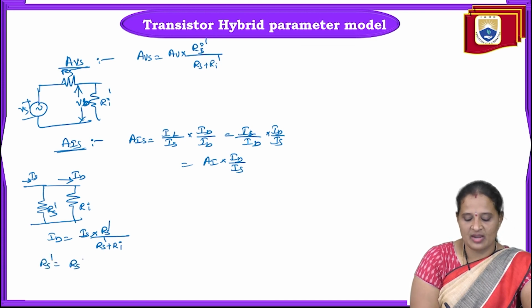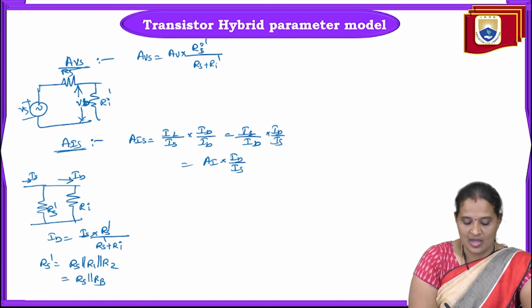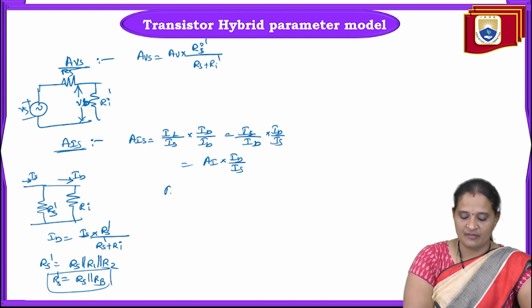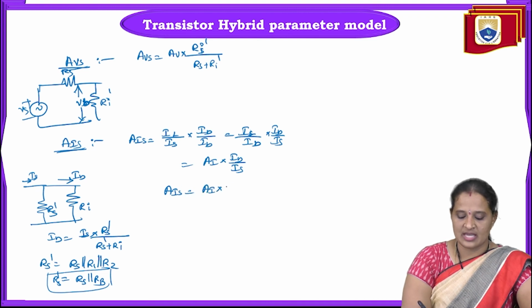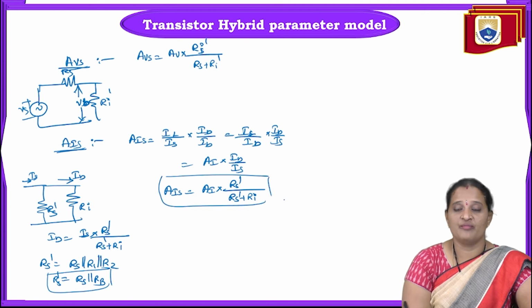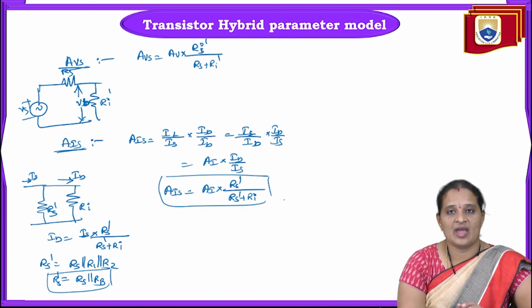Rs dash is nothing but Rs in parallel with R1 in parallel with R2, that is Rs in parallel with Rb. So this is Rs dash. Okay, this is the total resistance. So that is how AIS can be written as AI into IB by IS, which is Rs dash divided by Rs dash plus Ri.